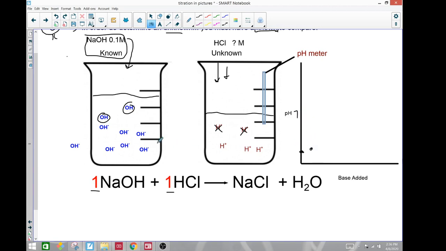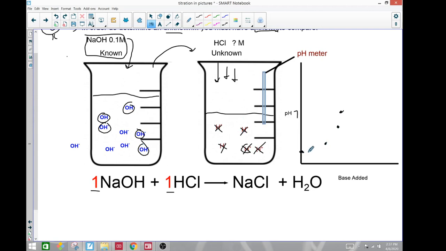Then I take another one, drop some more in, knock out another one, and I start getting even closer to neutral. And then drop in some more, and knock out another one. Getting closer to 7. And finally, the last one gets dropped in, I knock out my last one, and lo and behold, right now I am at 7.